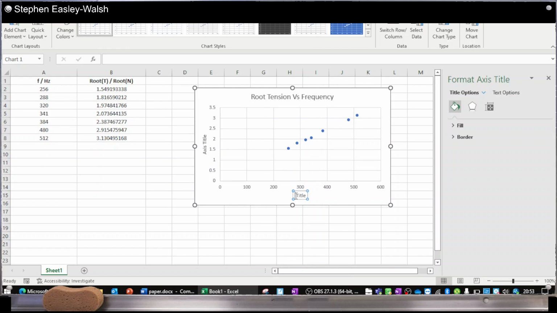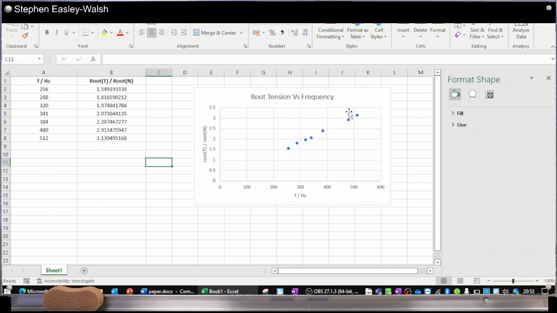Here that's the frequency in hertz, and here that is the root tension. Now I'm not sure how to type the root symbol, so I'll just write root tension in root newtons as the unit. But of course, in the exam, you would use the square root symbol.